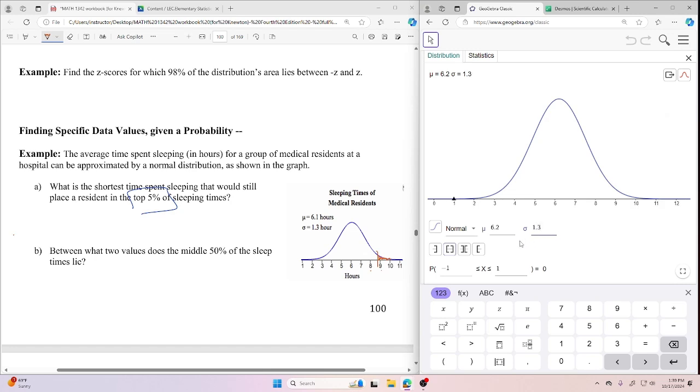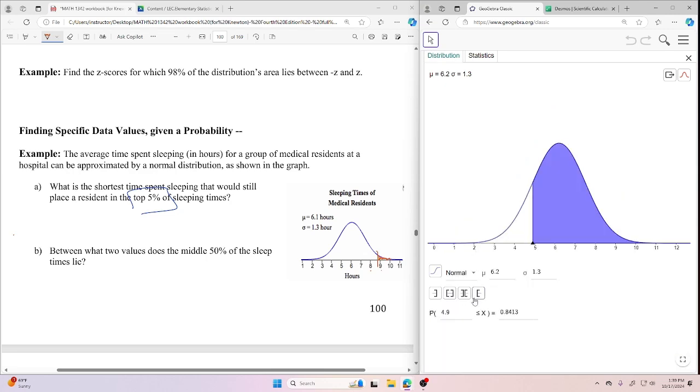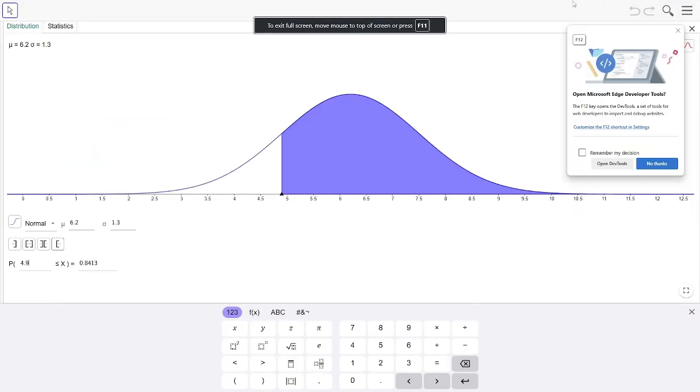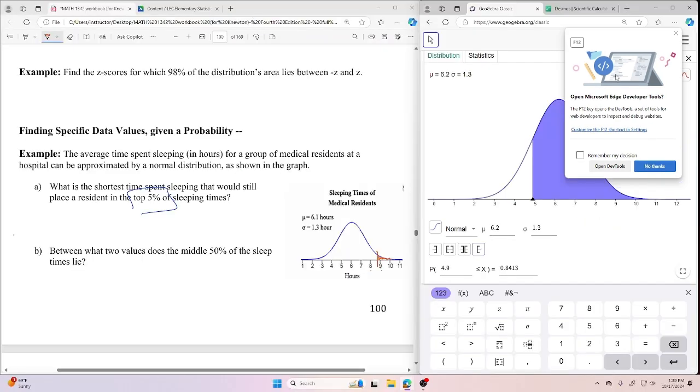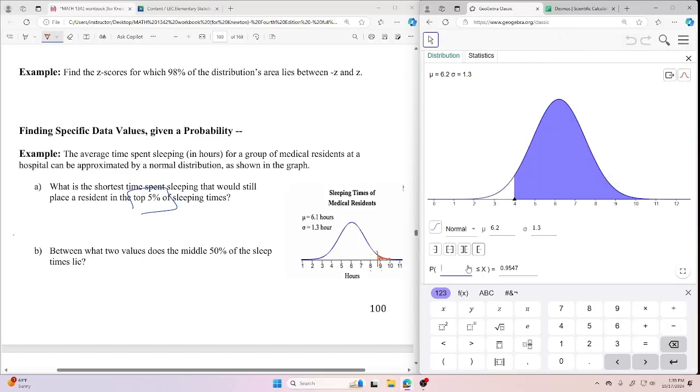1.3, type it in. And normally, I would just say, oh, well, if it's right here, and I'm just going to, gosh, okay, sorry, I pressed the wrong button. There we go. I would say, oh, it's probably about 8 hours or so. Now, think about it, the percentage is not yet 5.